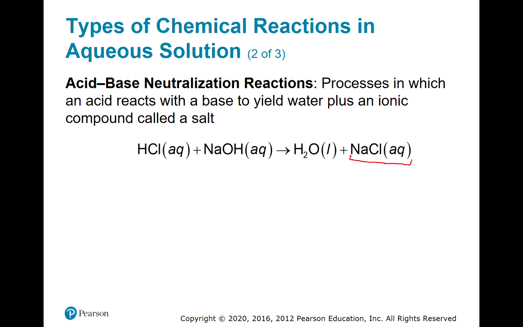So you might notice, for instance, here that one of the products of this reaction is sodium chloride, and in this case, sodium chloride, of course, is just sometimes called salt, but in chemistry, salt refers to any ionic compound that's formed as a result of an acid-base reaction. So sodium chloride is not the only possibility for a compound that can be classified as a salt.